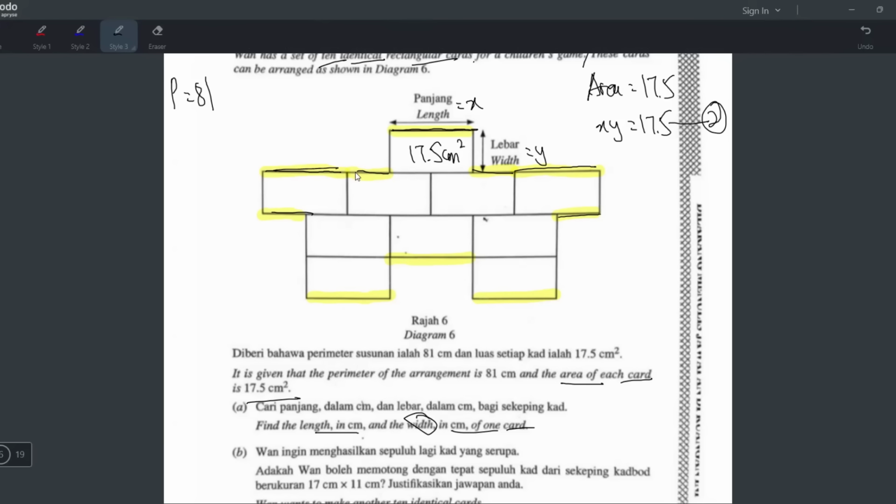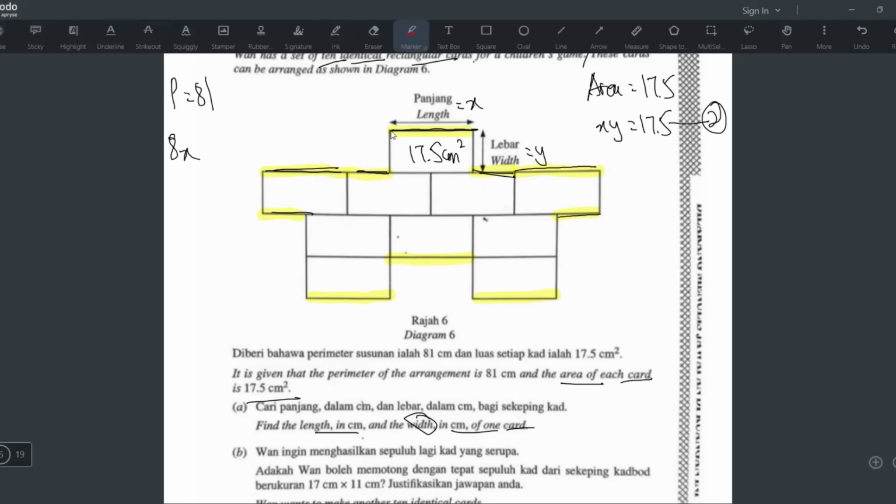1, 2, 2.5, 3, 4, 4.5, 5, and then 6, 7, 8. Yeah, so there's 8x. Okay, now let's count how many y. Let's use another color, red.